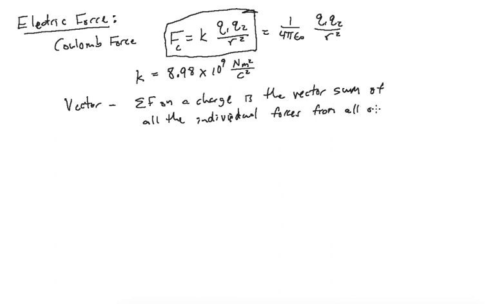So what I mean by that is, say I have a positive charge sitting here, right? And then over here I've got a negative charge and another negative charge and maybe a positive charge sitting here.